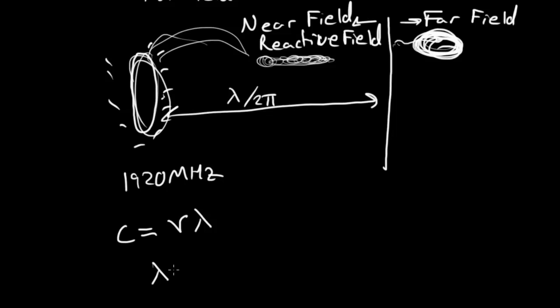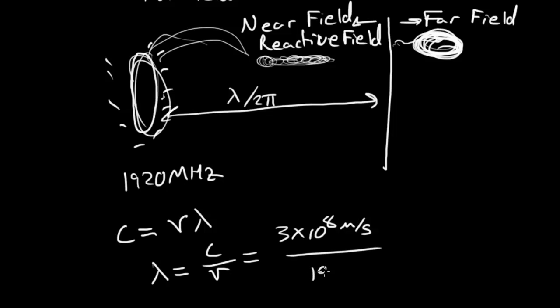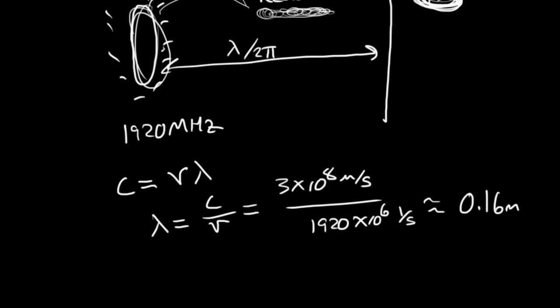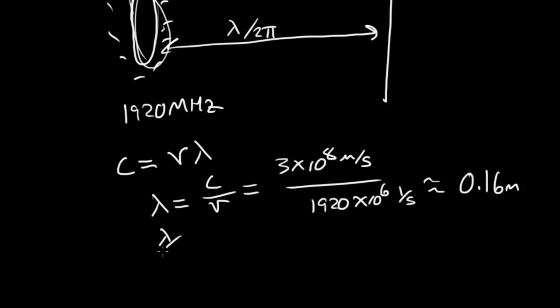So lambda equals c over the frequency, 3 times 10 to the 8th meters per second over 1920 times 10 to the 6th, 1 over second, and this is going to come out to be about 0.16 meters, okay? So what's lambda over 2 pi then? Lambda over 2 pi is approximately equal to 25 millimeters.